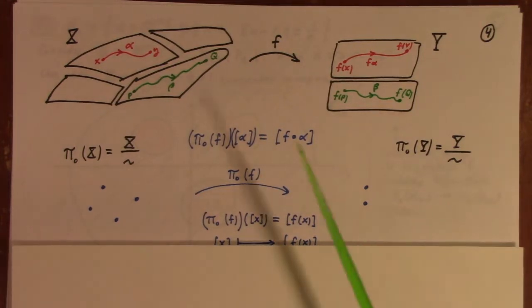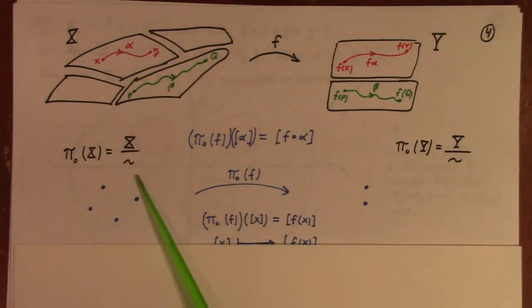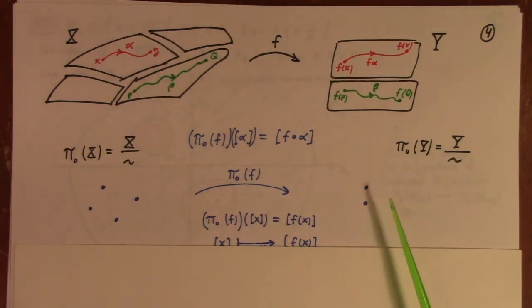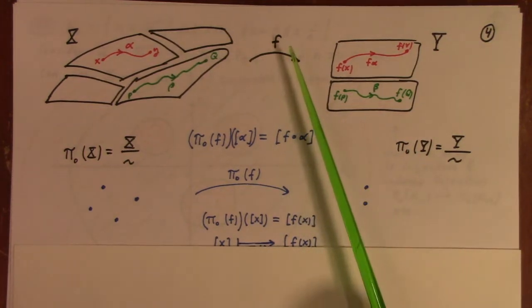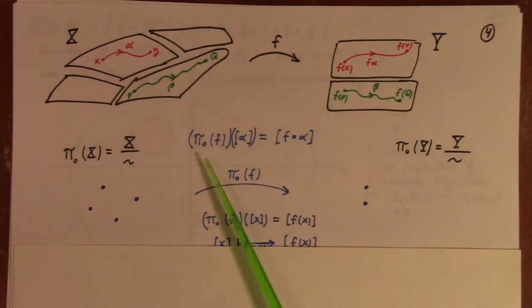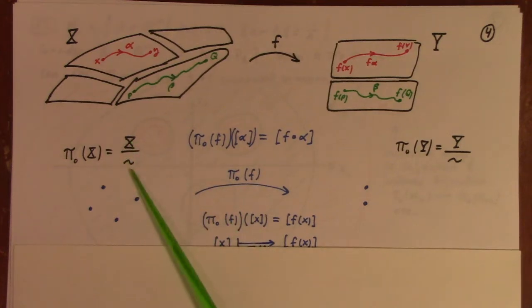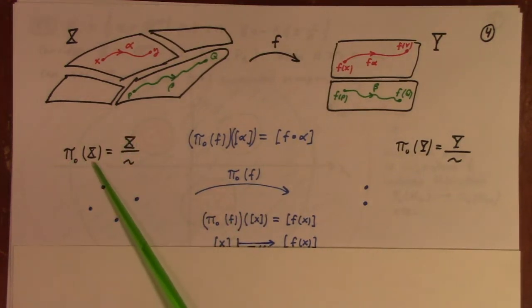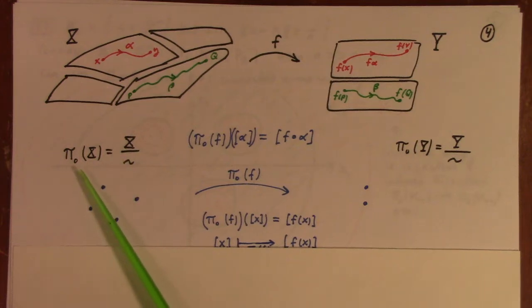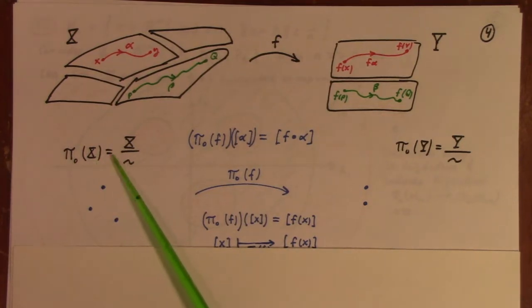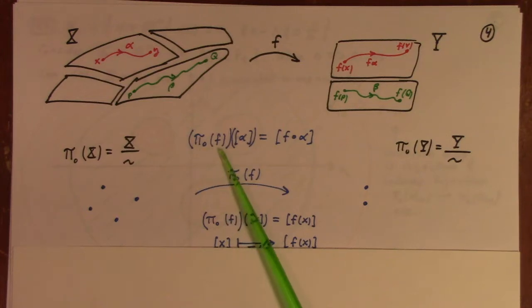But I can kind of visualize this: the space X mod the path equivalence is 4 dots, Y mod the path equivalence is 2 dots, and the map F induces a map we're calling pi sub 0 of F on X mod tilde, and we're also calling this space pi sub 0 of big X. So the pi sub 0 refers both to the space of equivalence classes of X, as well as to a corresponding map induced from F on those equivalence classes.